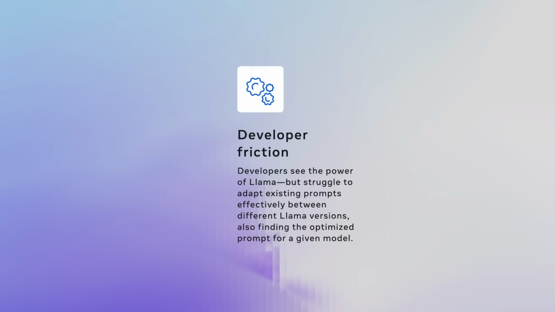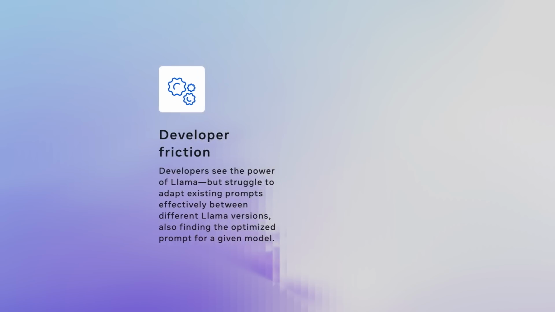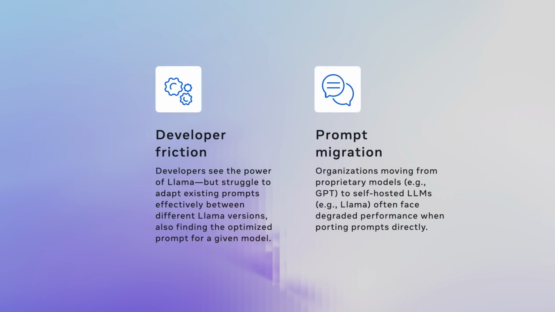Developers see the potential of Llama, but adopting existing prompts between different versions of Llama, that's where things get tricky. It's not always very clear how to make prompts work consistently across versions, or how to optimize them to give you the best results.